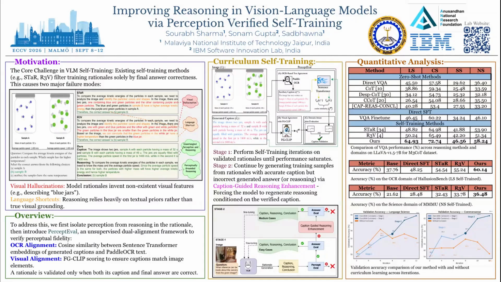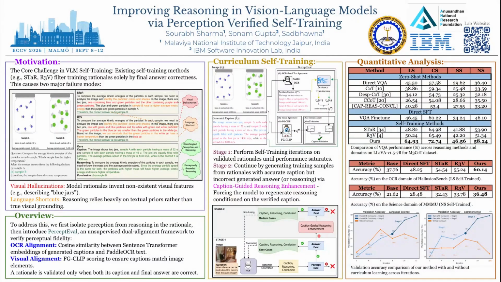Then we present two out-of-distribution results. For the first result, we trained the models on the language science domain of the M3CoT dataset. After self-training on the LS domain, we presented the results on the OCR domain of HallusionBench, right?